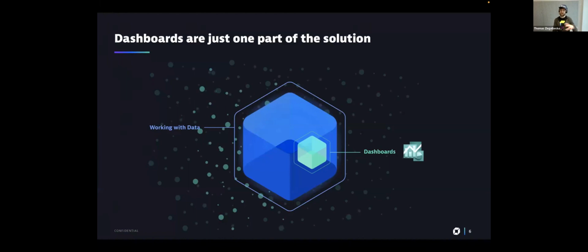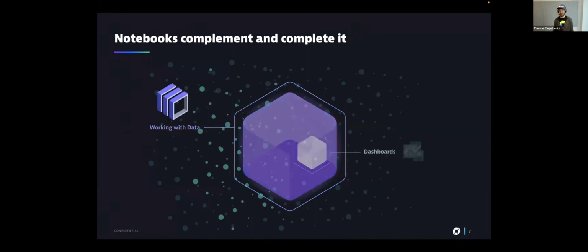The dashboards, as we know them, our current solution to this, are just one part of the solution when working with data. And this is exactly why we also announced that we're going to provide you with a second app, which is called Notebooks, in order to square the circle and to not just be able to observe or monitor your data, but also to explore your data.